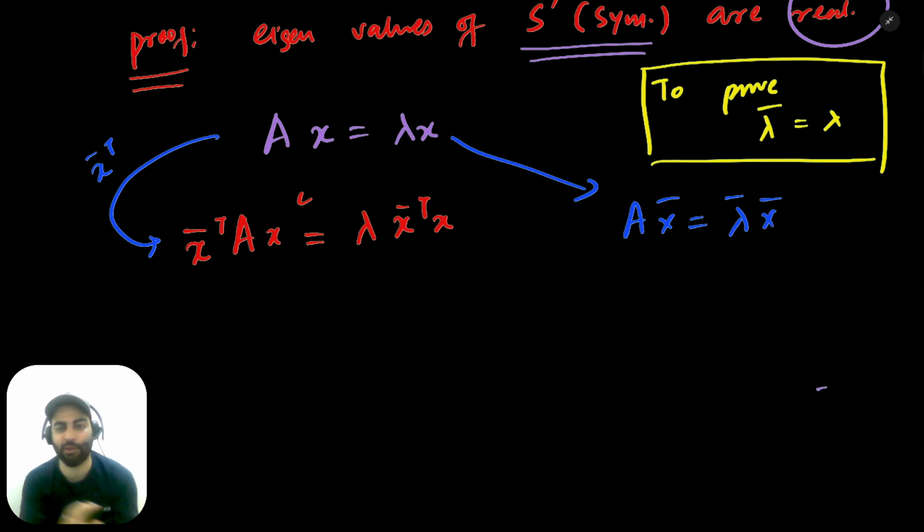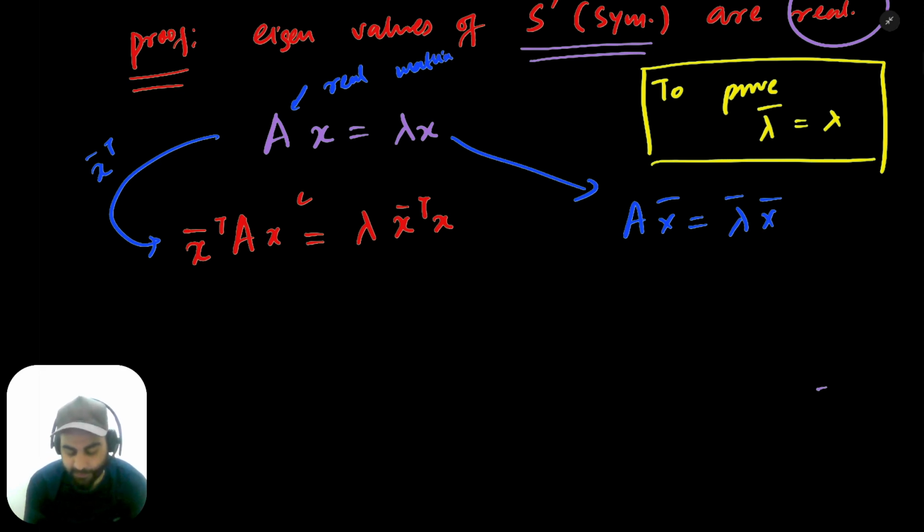If you apply the conjugate on both sides, they should remain equal. Here A is a real matrix, that's the assumption, so A conjugate is equal to A. That's why I haven't put a conjugate onto it. These are the two things I got.